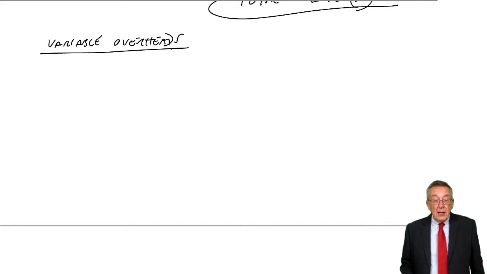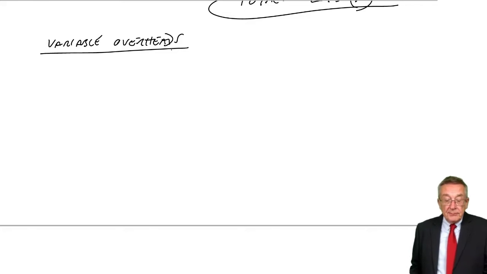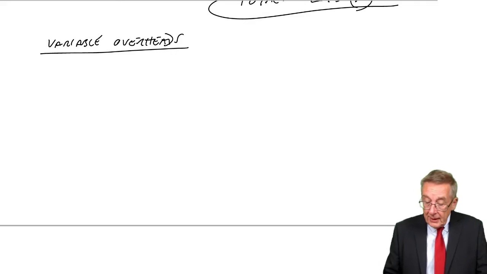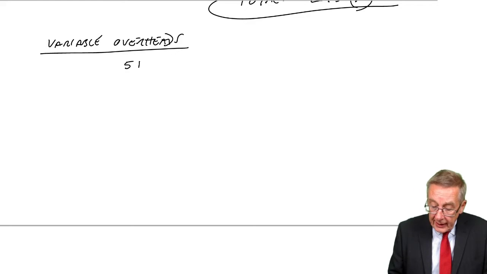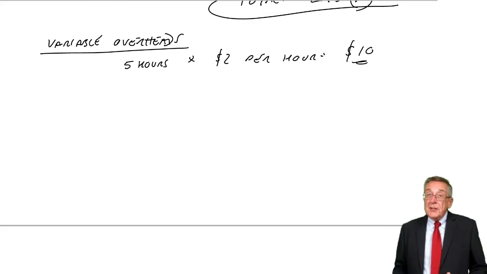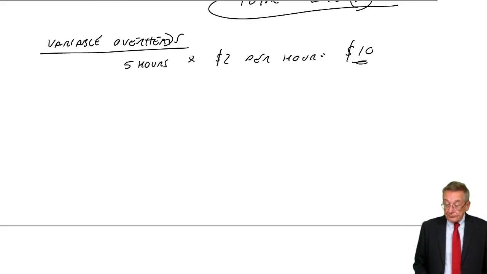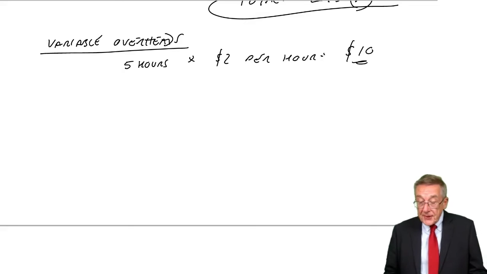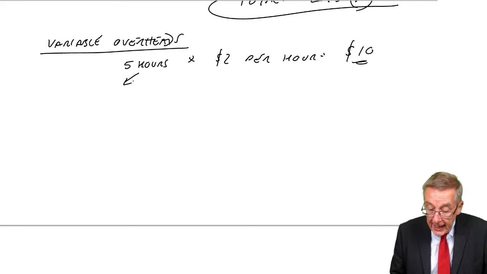And if you look at the cost card, and quite importantly here, you'll see, although it's $10 a unit, it was 5 hours at $2 per hour. And we do assume in this sort of question that 5 hours are the same hours as labour.